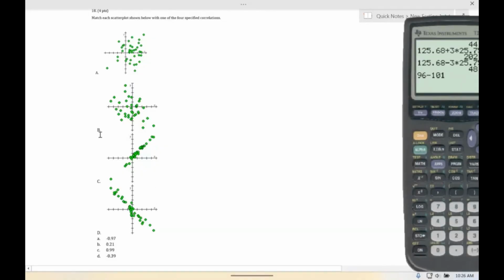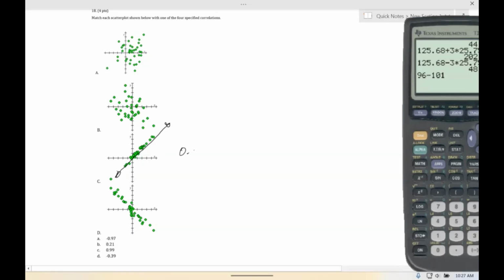So you'll notice for B, that these points are tight about a line, and the closer to the line your points are, the closer to positive one or the closer to negative one your correlation may be. For B, since these points are tight about this line, and as we read this line from left to right, we know that the correlation has to be positive and close to 1.